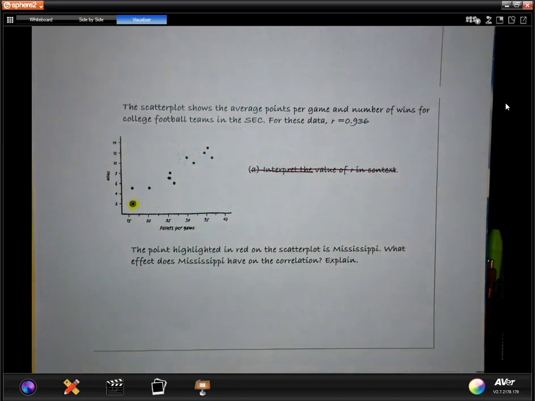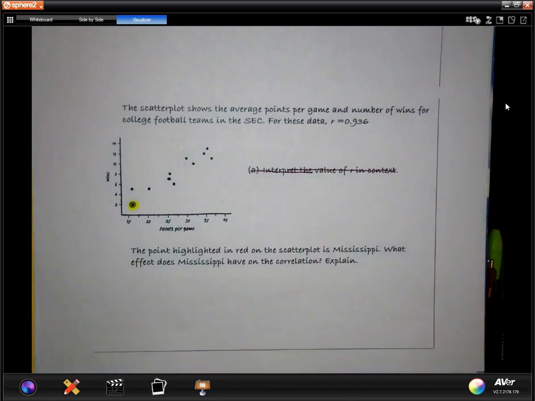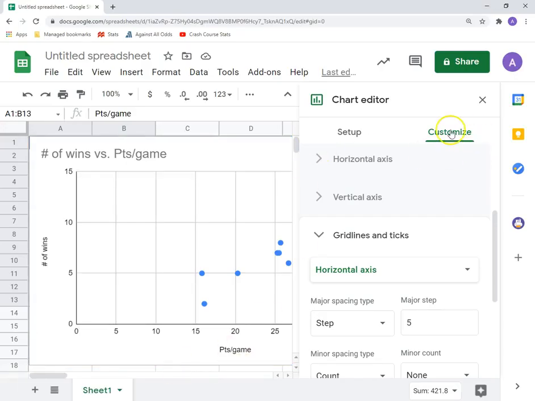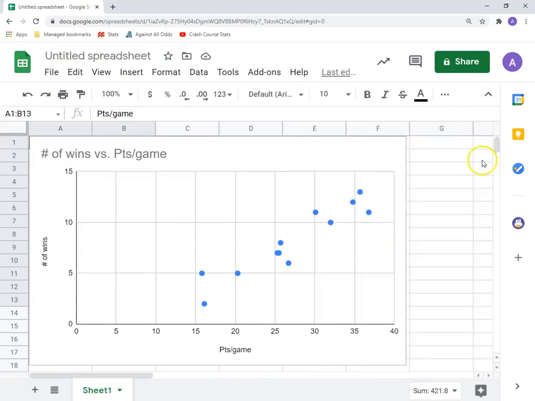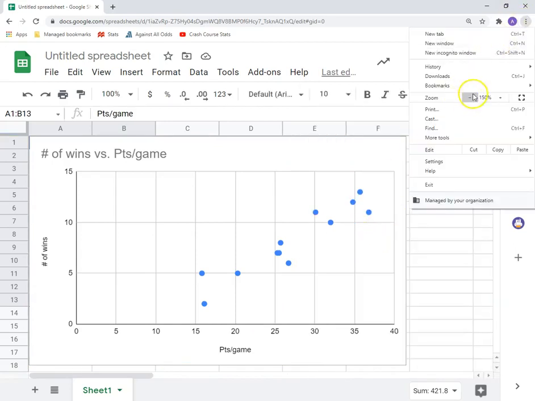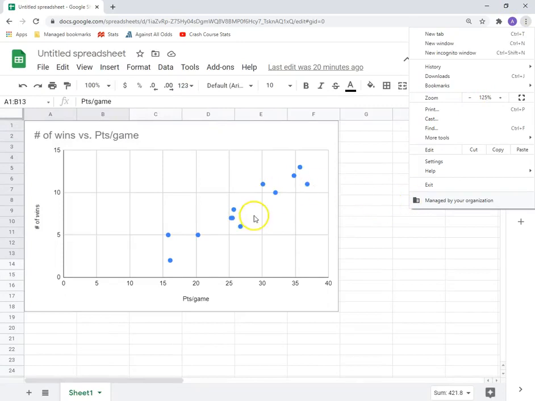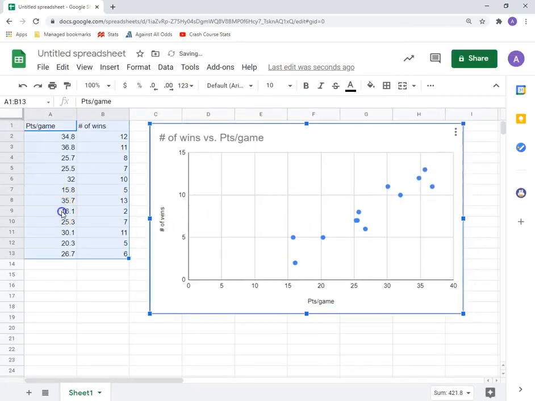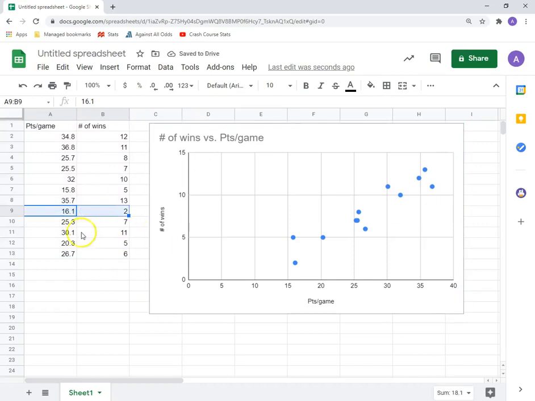We're going to go back to our Google Sheet. And we're going to get rid of Mississippi. I'm going to zoom out a little. Alright, so Mississippi was this one right here. So I highlighted that row.